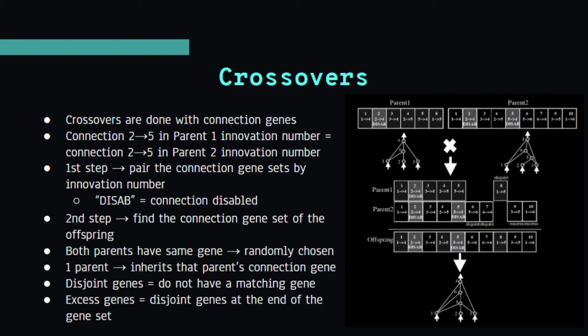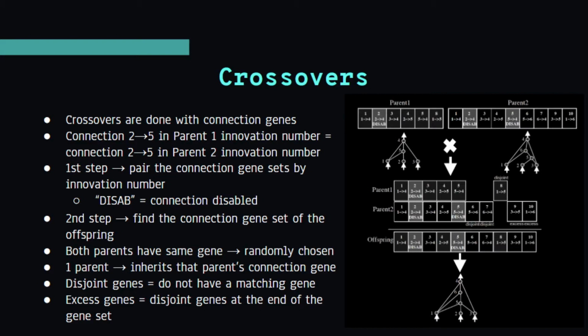For 6 to 10, however, they do not have a matching pair. Those are known as disjoint genes, and they do not have a pair. So let's say parent 2 is the only one that has connection gene 6, then it's going to inherit that specific gene.